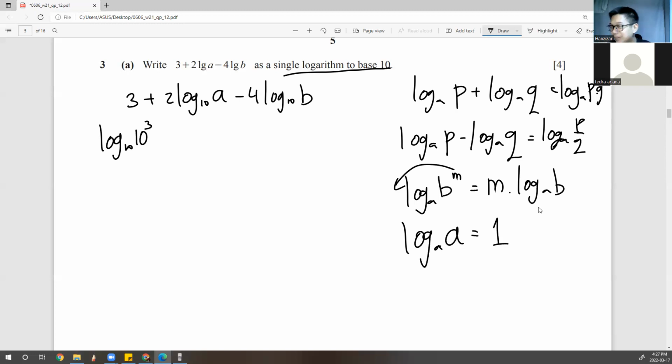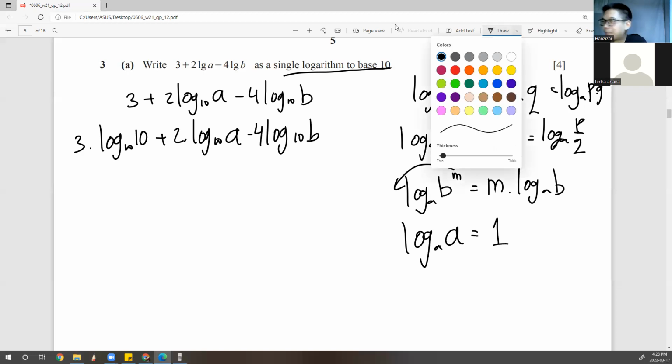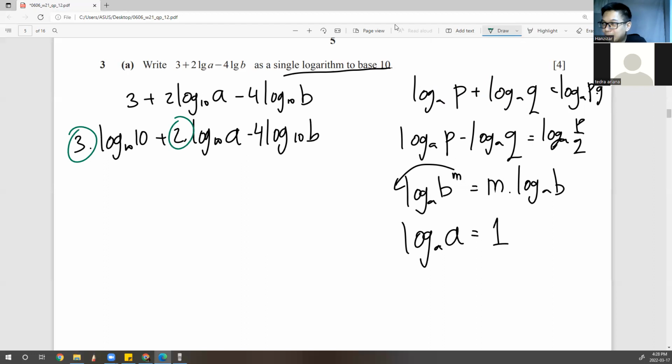So if it is 3, then 3 times log 10 of 10, right? Just make it like that. Later on, we can go forward. I just do the slowest part, slowly but surely. That's right. And now what we're going to do is bring the multiplier back into the bracket, to the power.